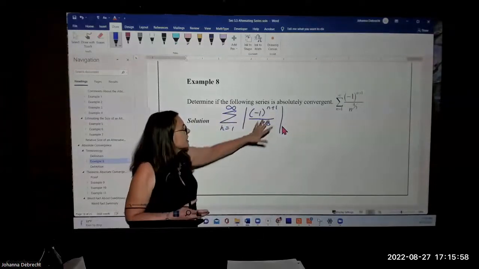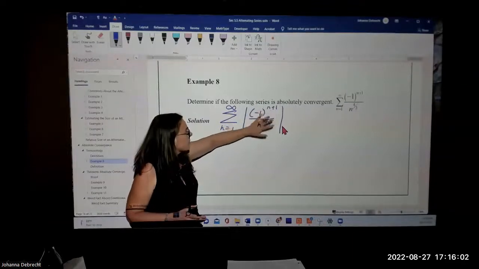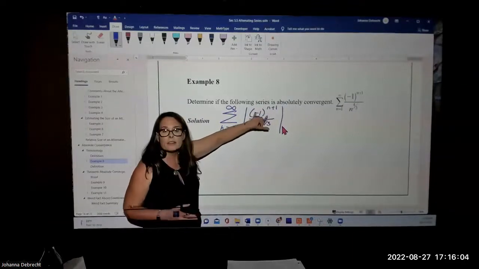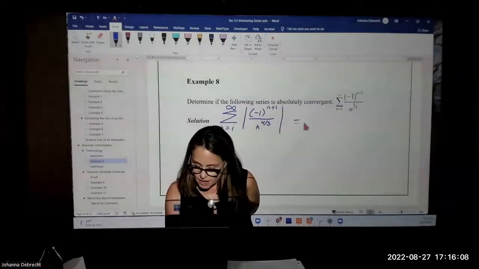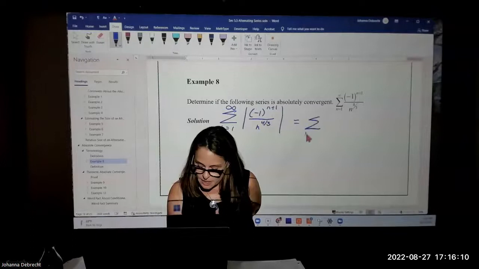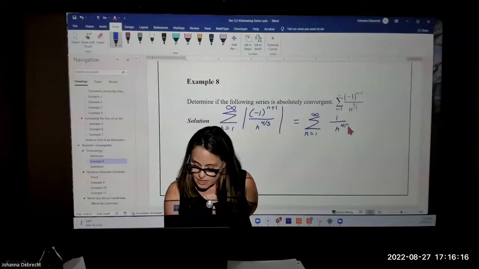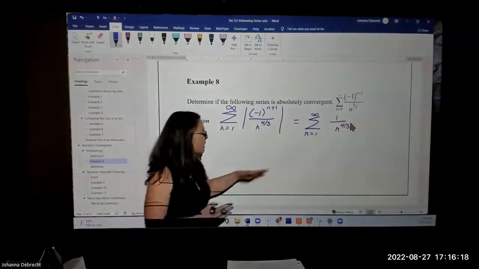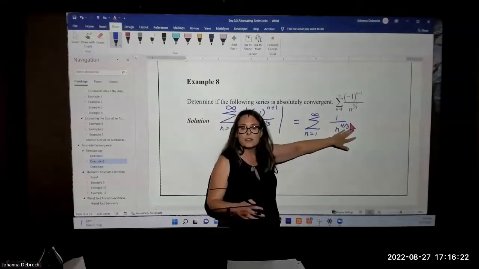In this case, it was an alternating sequence inside the summand, so the absolute value strips off the alternating part and leaves behind the series from n equals 1 to infinity of 1 over n^(4/3). Now, n starts at 1, so it's strictly positive, so we can drop the absolute values.